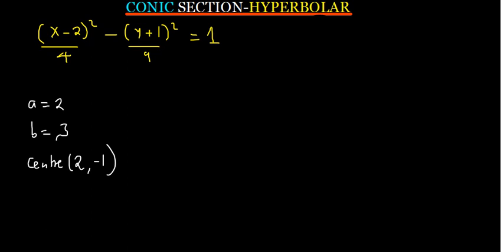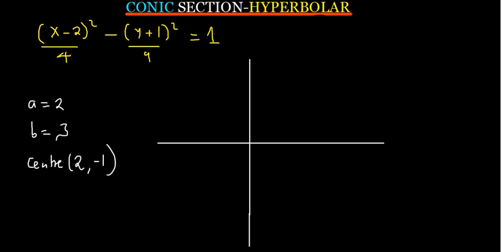So we can now get to sketch. The first thing that I'm going to put on my graph is the center, that is 2 comma -1, which is at this point.